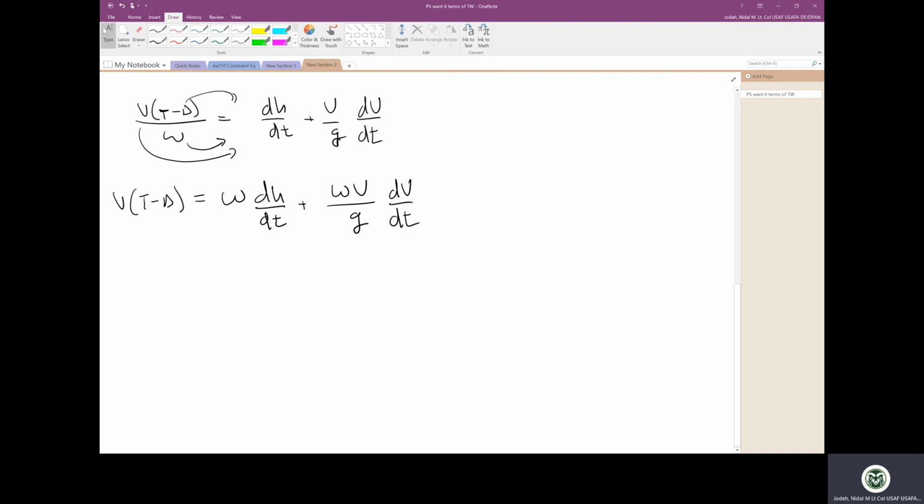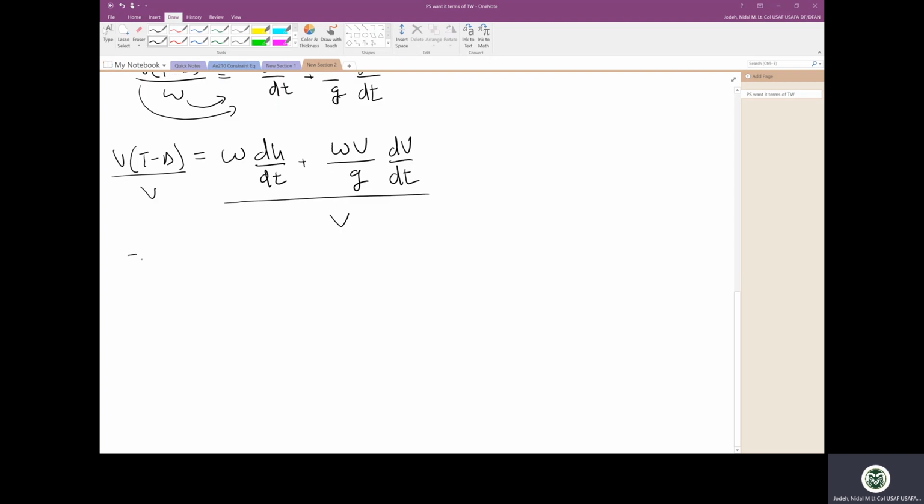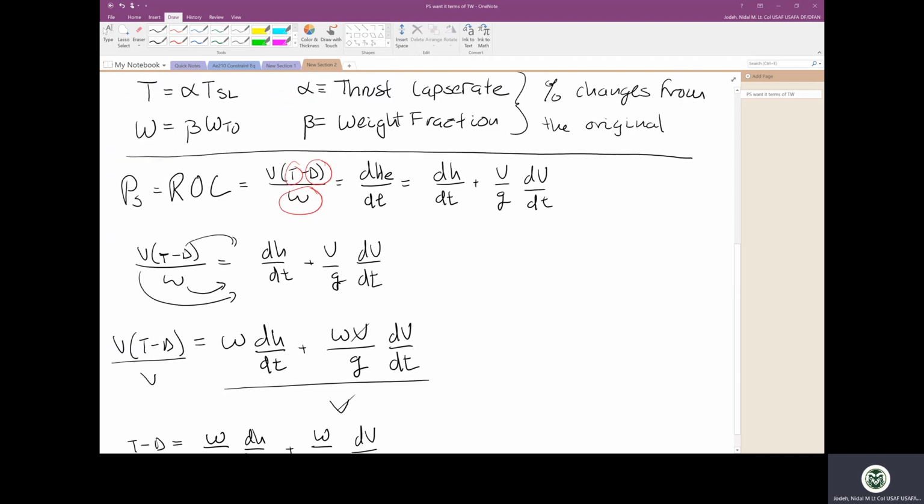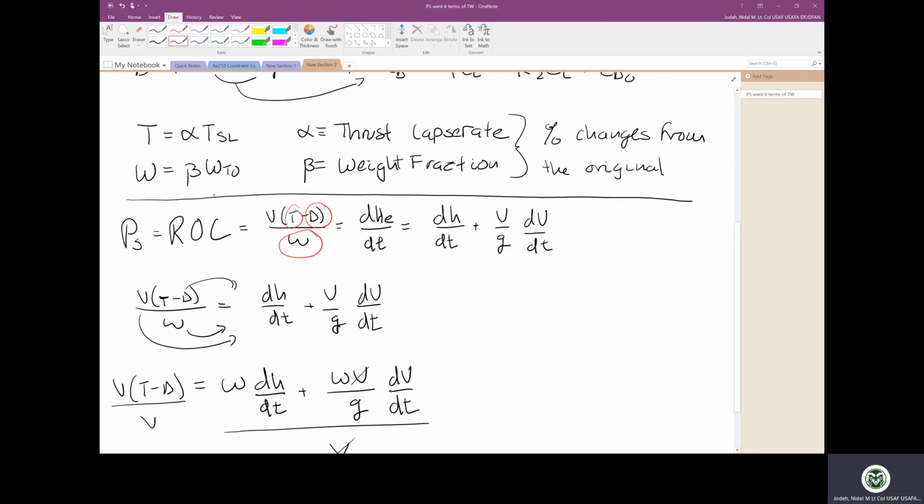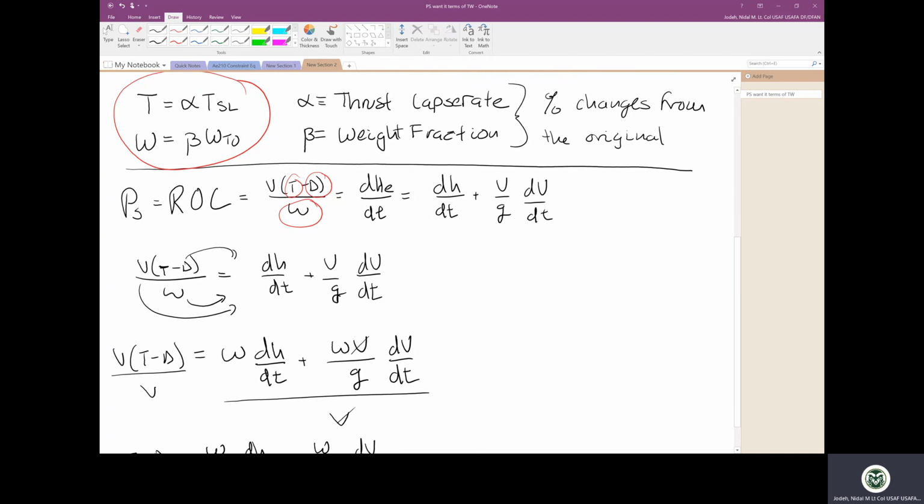And now I'm going to divide by velocity, and I get thrust minus drag is weight over velocity dH dt plus, now the velocities cancel here, so we get lucky there, weight over gravity dV dt. I like when terms cancel. I'm also going to take this opportunity to start substituting in this relationship for thrust and weight.